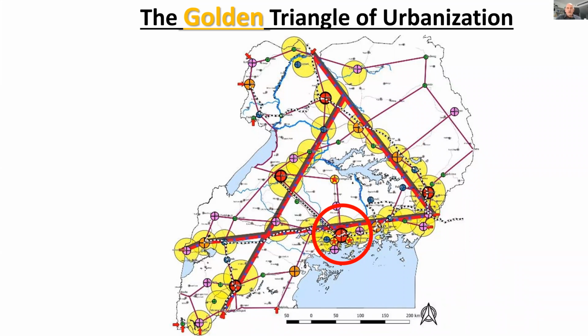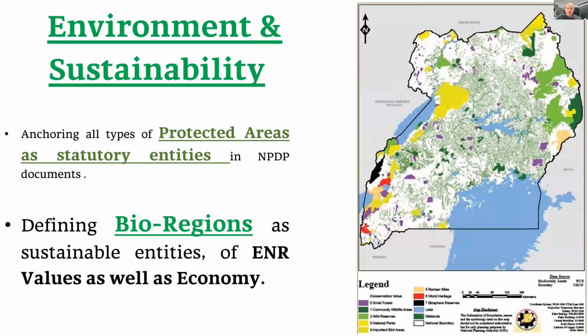Now, green development. Everything mentioned till now is also a matter of a green approach. But more than that, we put a lot of emphasis on environmental sustainability issues through two acts. First of all, to anchor all types of protected areas as statutory entities in the documents of NPDP.